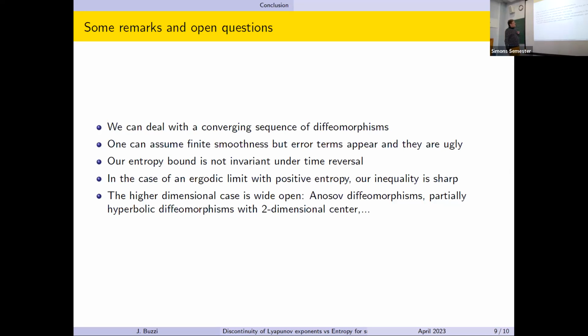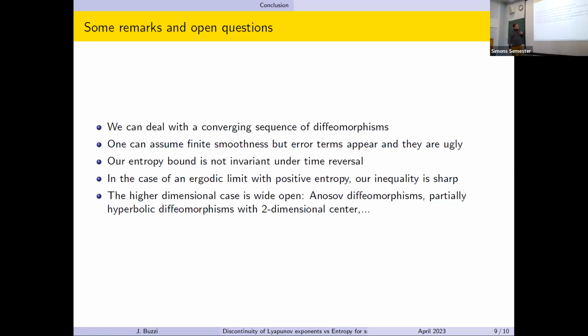We have a result about finite smoothness, but with error terms like these Yomdin things, and they are ugly. Everybody, when you do Yomdin, you have lambda over R, and we have this lambda over R minus 1, and it prevents some applications. David Burger has another approach where he doesn't have this type of problem.